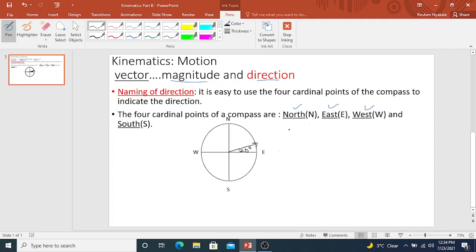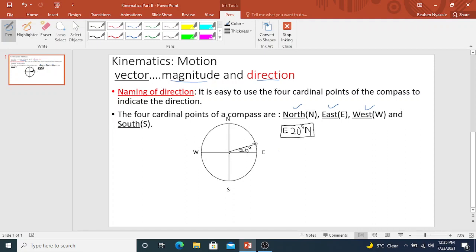Now, if you are naming such a vector on that direction, remember we are dealing with the naming of direction. You want to say east 20 degrees north. Right, this is how you will name it.